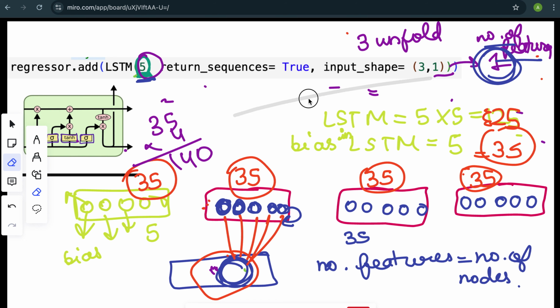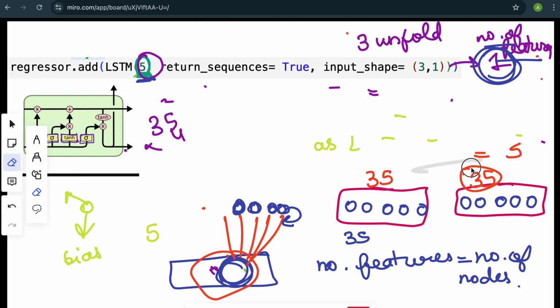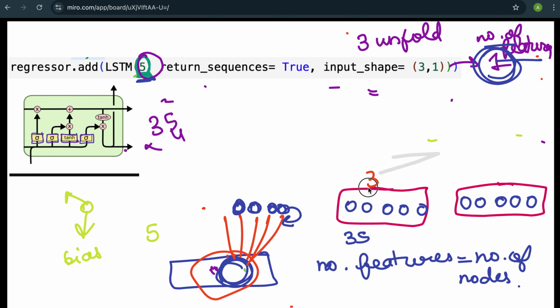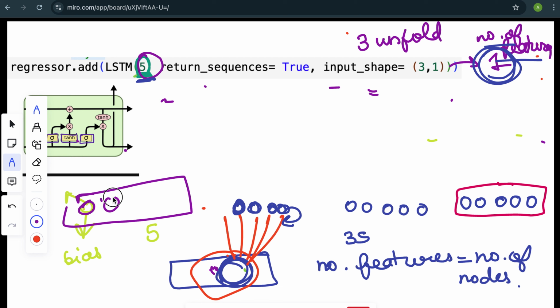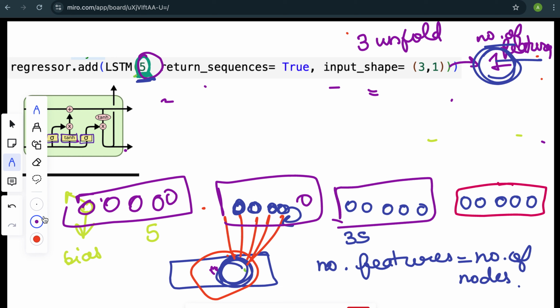Now let's try to do it with the help of a formula. Let me make the box again. There are also five nodes within each box.